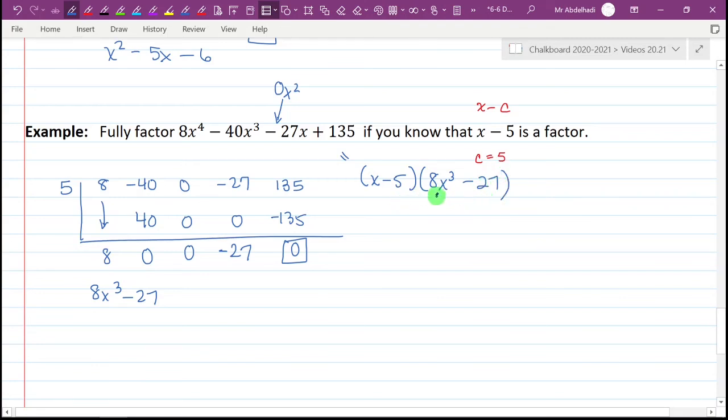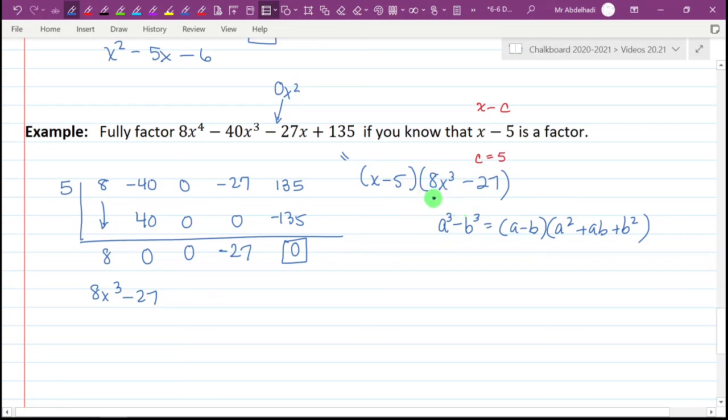But if you look closely, this is a difference of cubes, right? And a difference of cubes, if you remember, the formula goes a cubed minus b cubed gives you a minus b times a squared plus ab plus b squared. Okay, so we're going to use this formula to factor this. Now, what's being cubed?